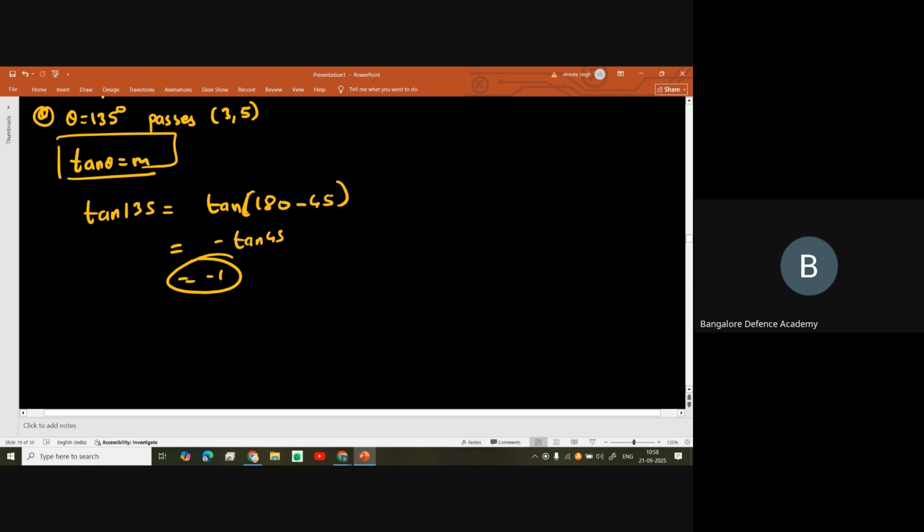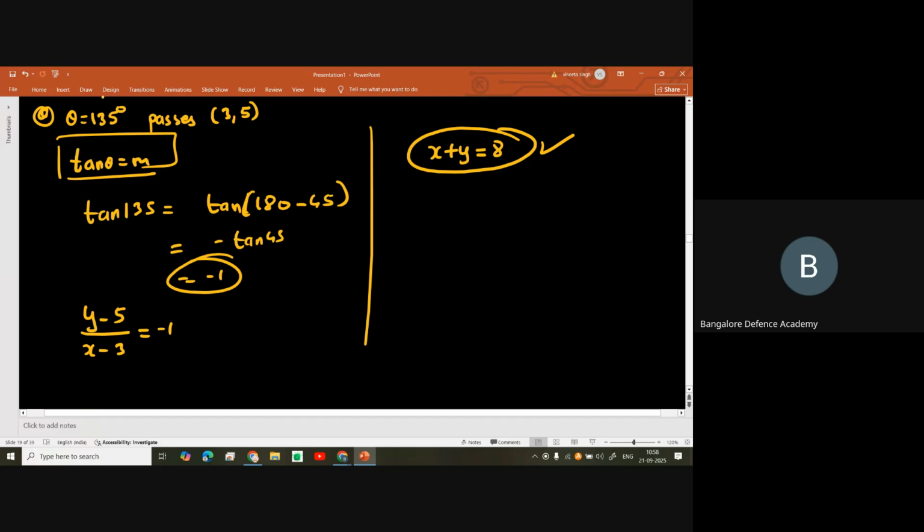Now you are going to substitute this. When you substitute, the equation will be (y minus 5) by (x minus 3) is equal to -1. And when you solve this, you get x plus y is equal to 8.